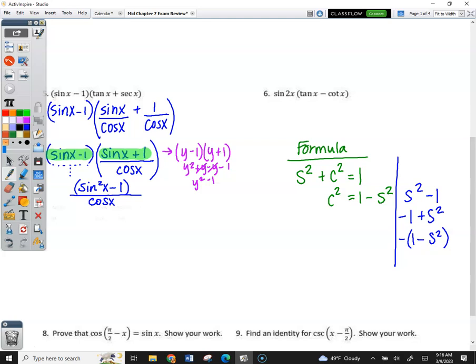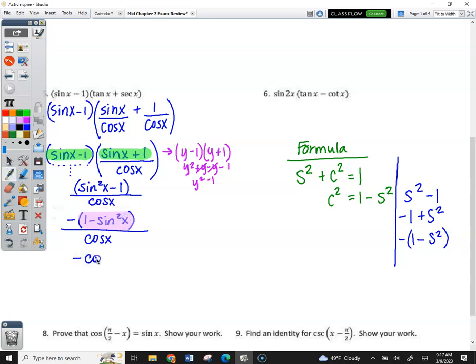Now, granted, that negative is still here. So this sine squared minus 1, my work is over there. I can rewrite that as negative 1 minus sine squared. What is 1 minus sine squared? This is cosine squared.